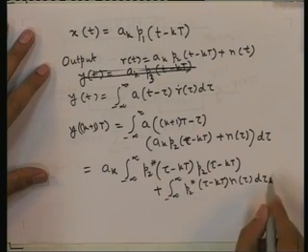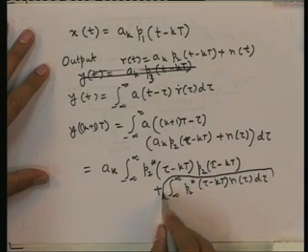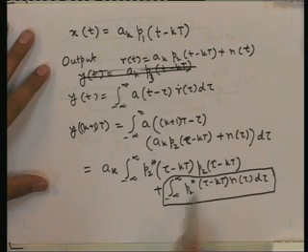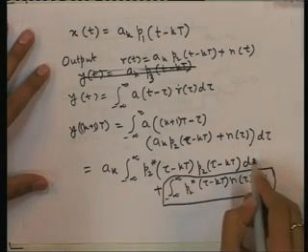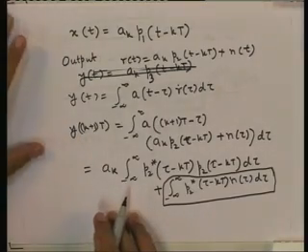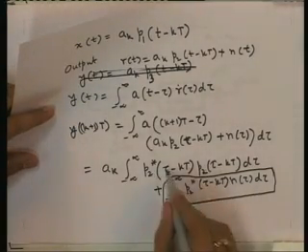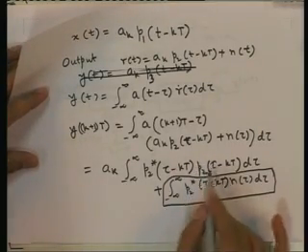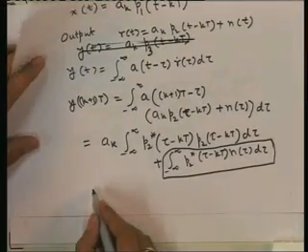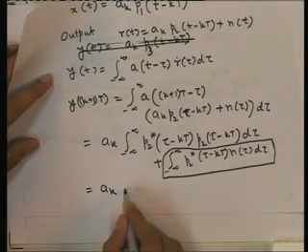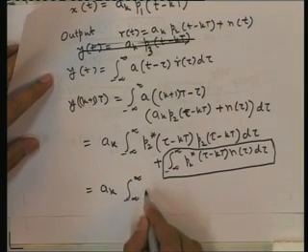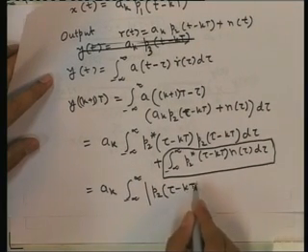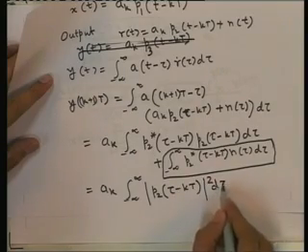This part is the noise convolved with this. And what is this other thing? You can see that this is the conjugate of this term, so it is a real number, the magnitude of this squared. So this is a_k times the integral of |p2(tau minus kT)| squared d tau.